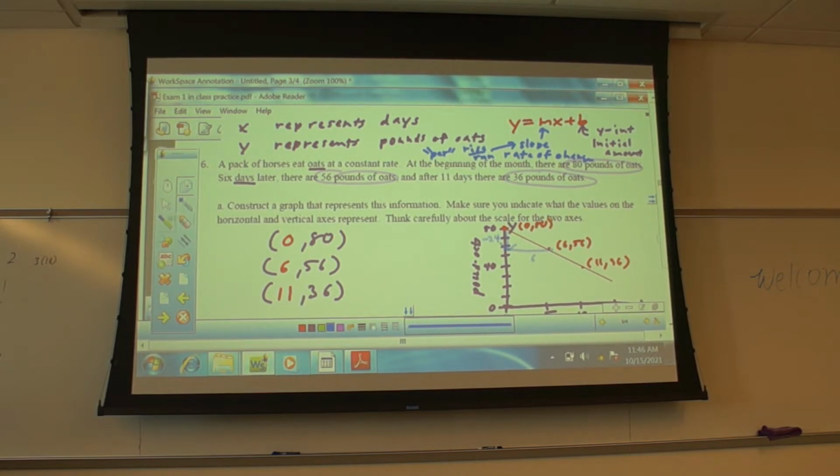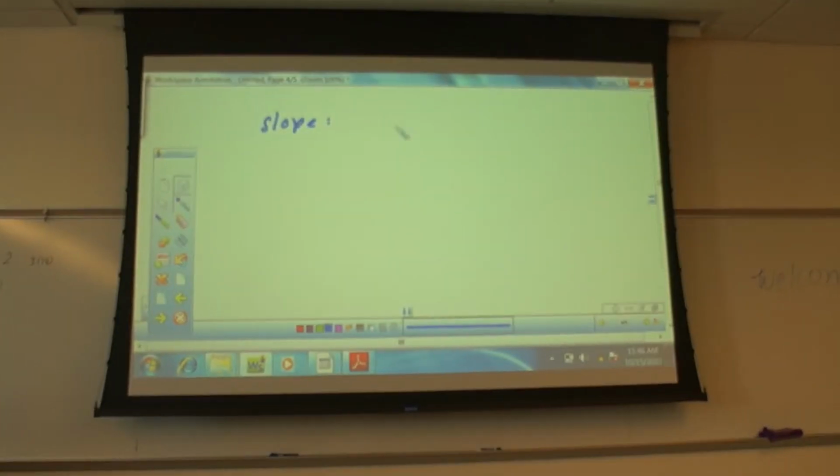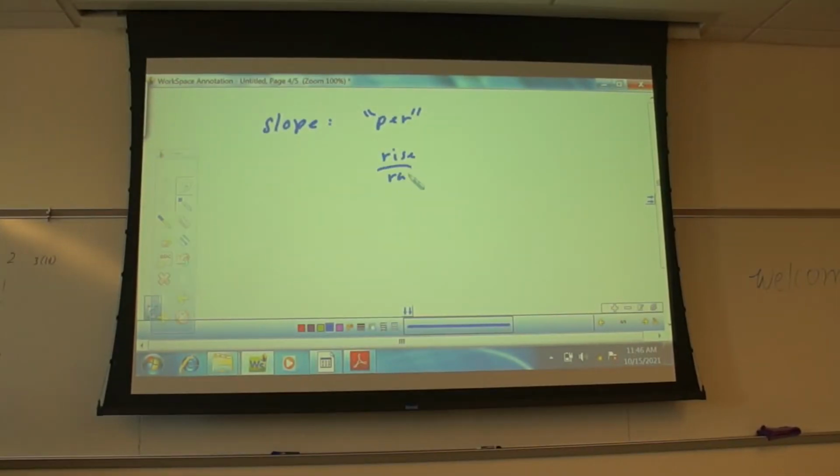All right, so these are all things that your slope is. Maybe make it the whole thing say slope. It's your per. It's rise over run. You might think of it as y2 minus y1 over x2 minus x1. Some people like to think of it that way.